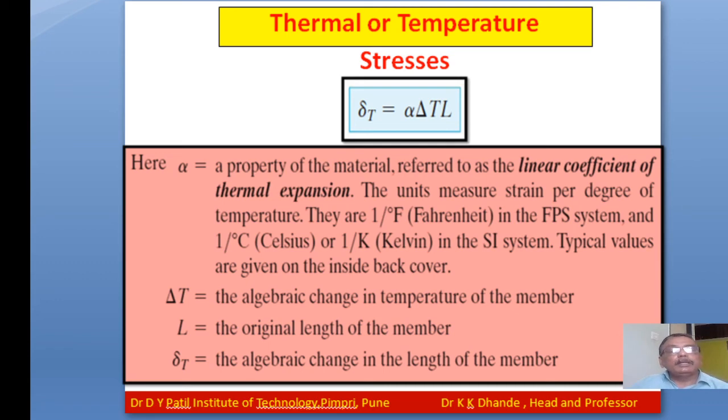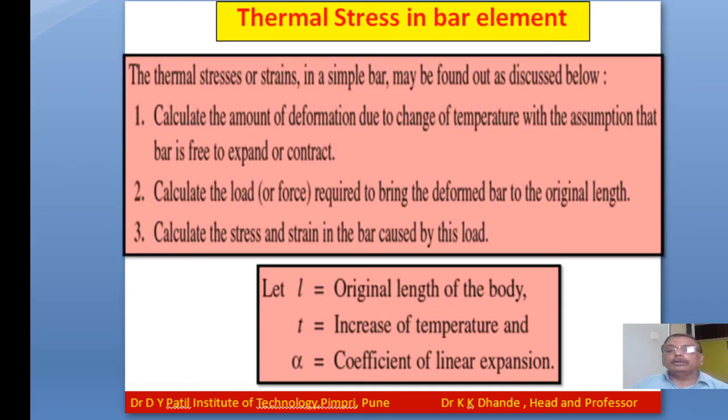Delta T is equal to the algebraic change in temperature of the member or body. L is the original length of the body, and delta is the algebraic change in the length of the body. The thermal stresses or strain in a simple bar may be calculated as below.